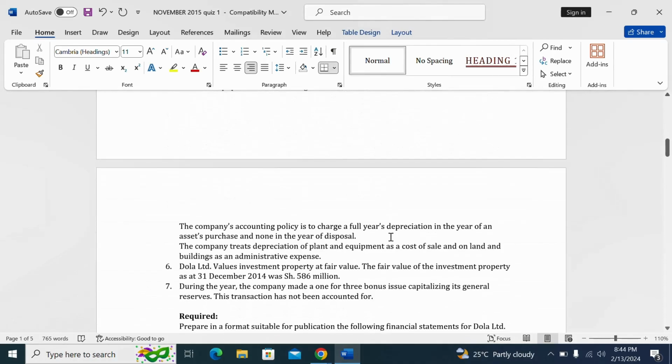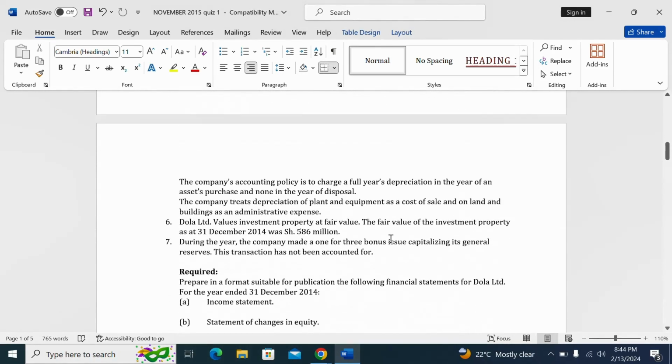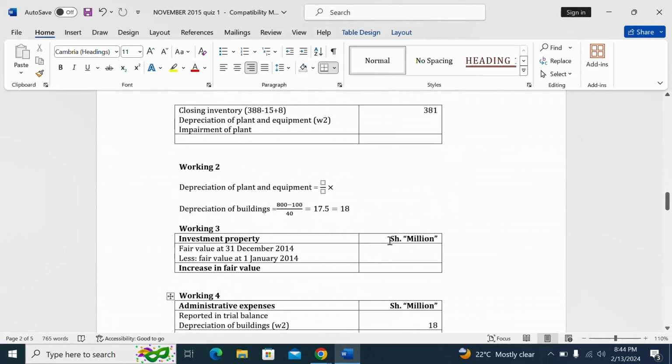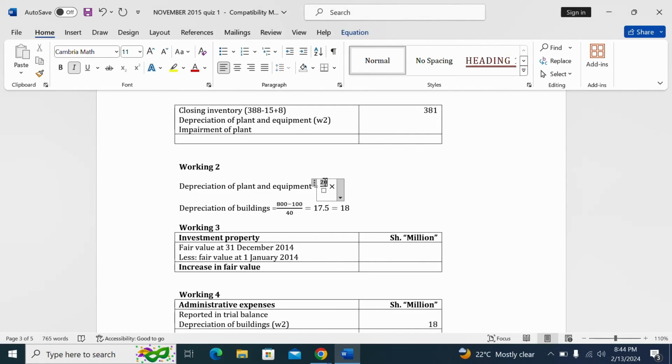Therefore, how do you do that? Let us first calculate the depreciation. Depreciation is in our working note number 2. We are told the depreciation is 20% on the reducing balance basis.